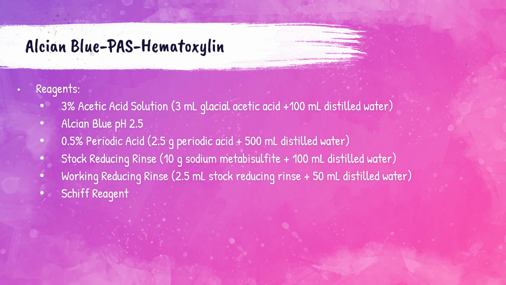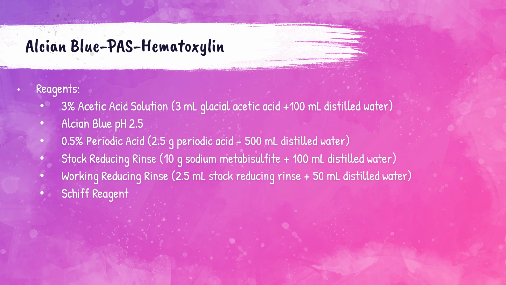The reagents needed for the Alcian blue PAS hematoxylin stain are 3% acetic acid solution, and this is prepared by combining 3 milliliters of glacial acetic acid with 100 milliliters of distilled water. Alcian blue at 2.5, which we've already discussed how to prepare. 0.5% periodic acid, which is prepared by combining 2.5 grams of periodic acid and 500 milliliters of distilled water.